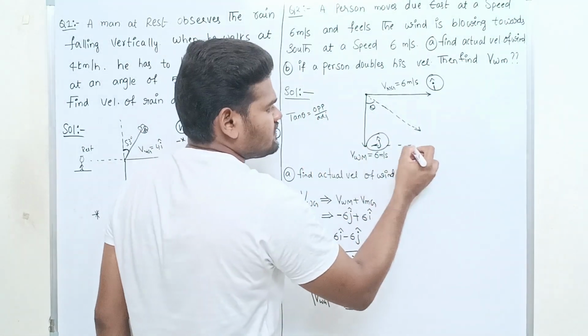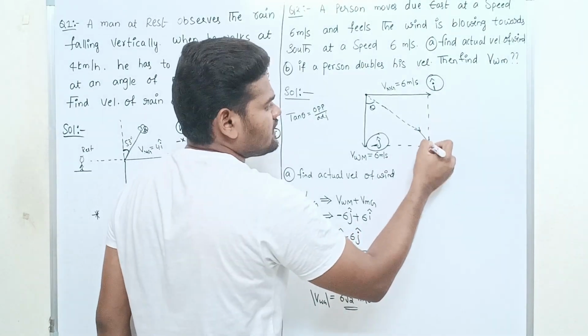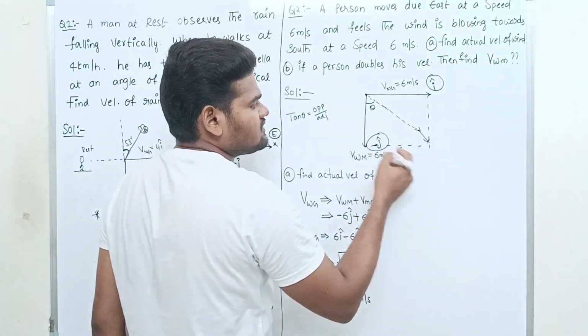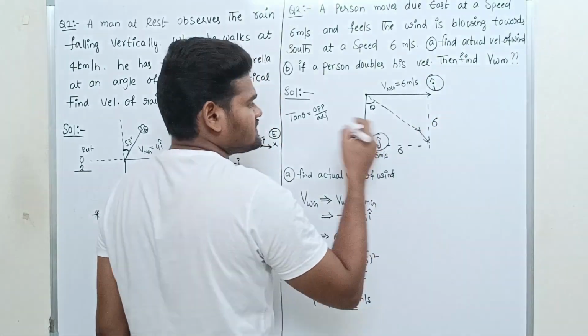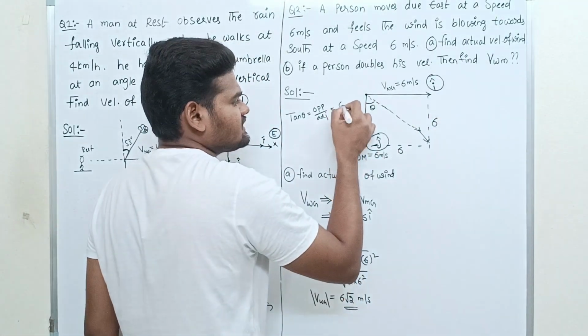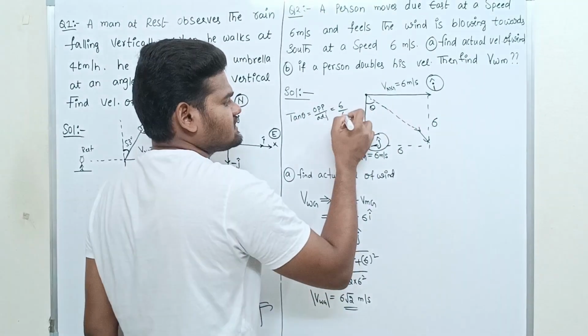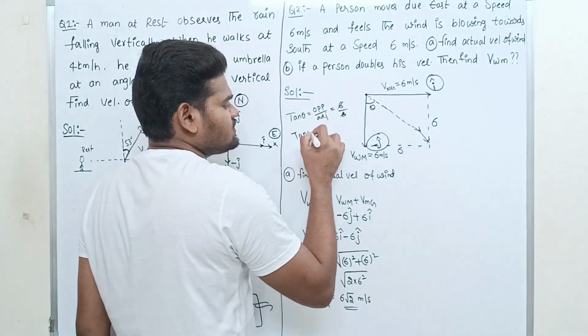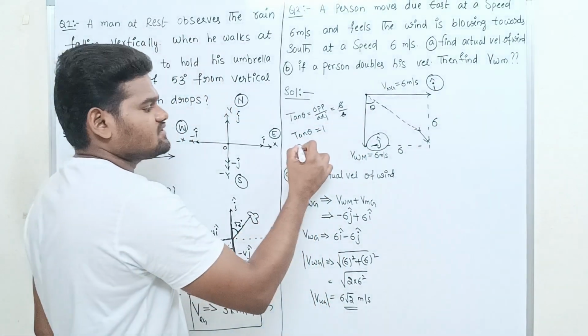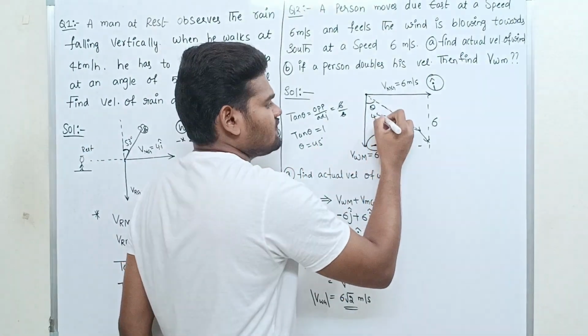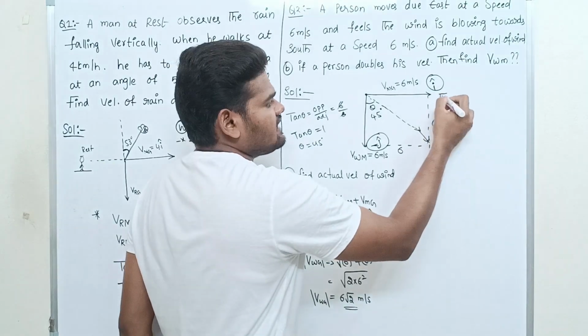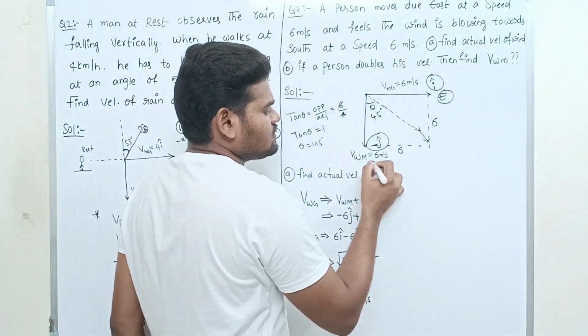If we complete the parallelogram, this is 6, then this is also 6. So opposite side 6, adjacent side 6, so tan theta equals 1. If tan theta equals 1, theta equals 45 degrees. So this is 45 degrees, and it is the east direction and this is the south direction.